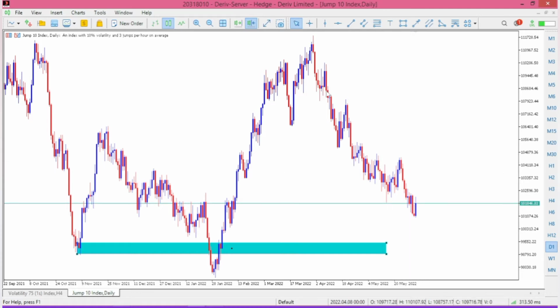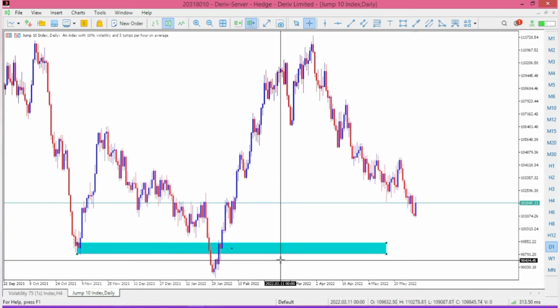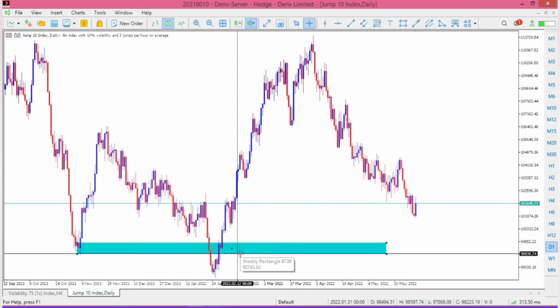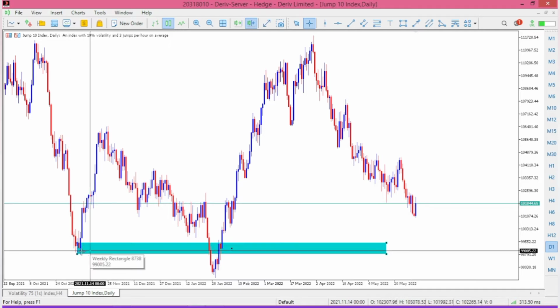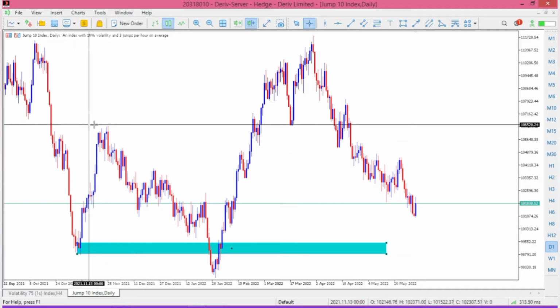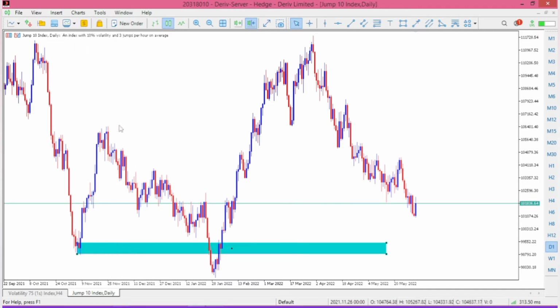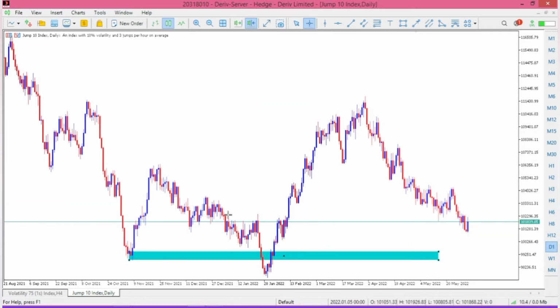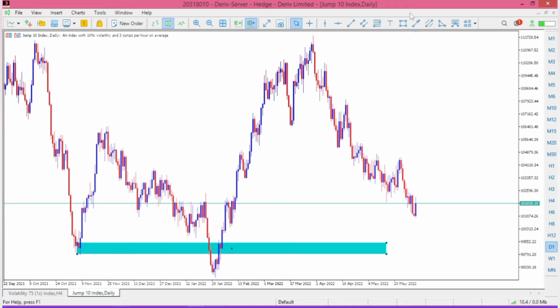From the daily time frame, you can see that the zone is very clear here. Price made a low, first breaking this former low and breaking the lower high created here, and right now it's coming back again to this demand zone.